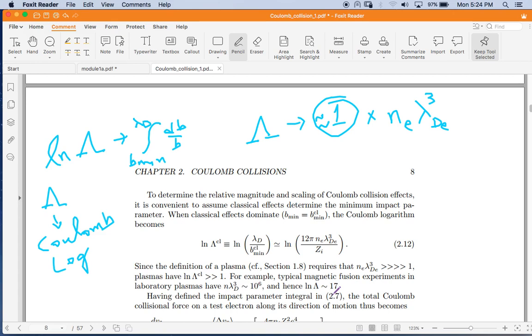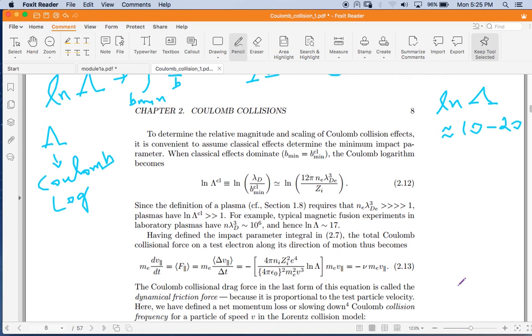So typical values for log lambda range from something like 10 to 20. And because lambda appears inside the logarithm, the exact value of lambda is not very important. Whether lambda is 20 or 25 doesn't really matter. It's a log, so the difference between log 20 and log 25 is not much.